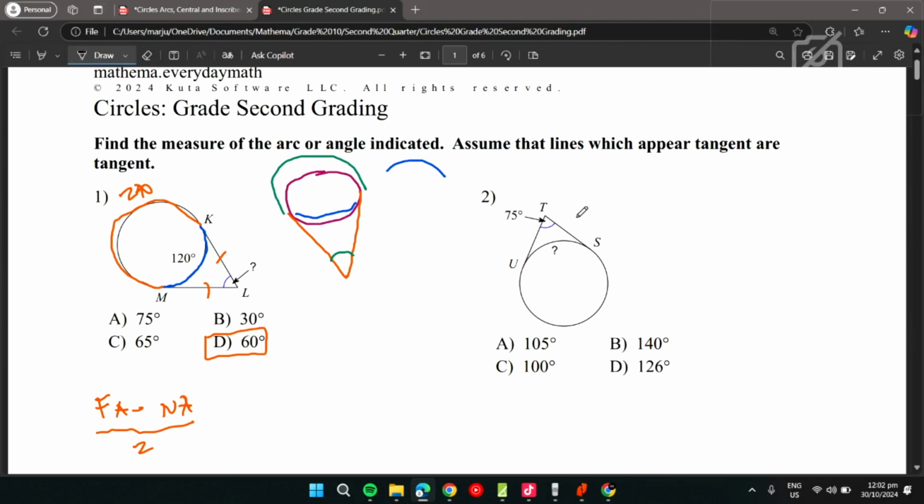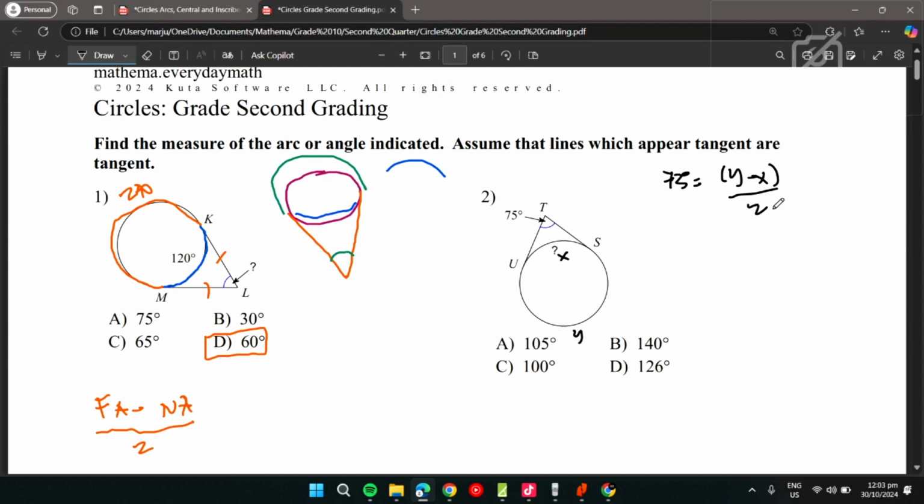Yung angle na yan, yung 75, let me label the near arc as x, and then the far arc as y. Alam natin from the theorem that 75 is equal to y minus x over 2. Right? Alam natin yan. Tama?